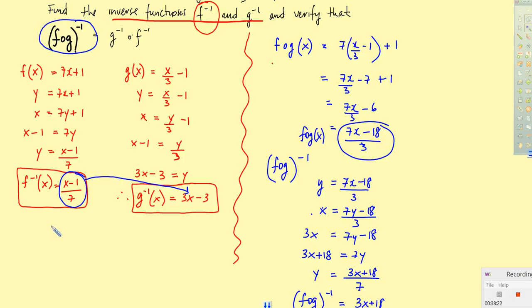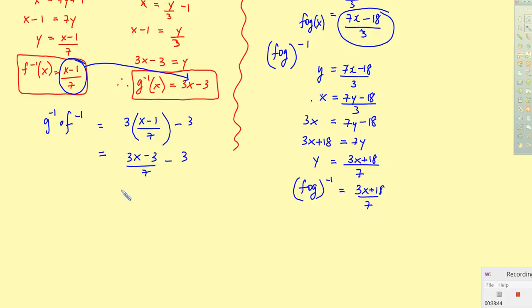So that I will say g inverse of f inverse is equal to 3 times x minus 1 over 7, and that's minus 3. And that equals 3x minus 3 all over 7 minus 3.